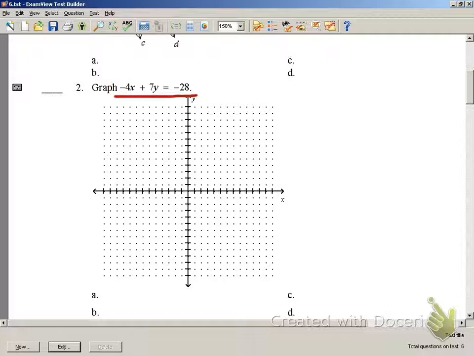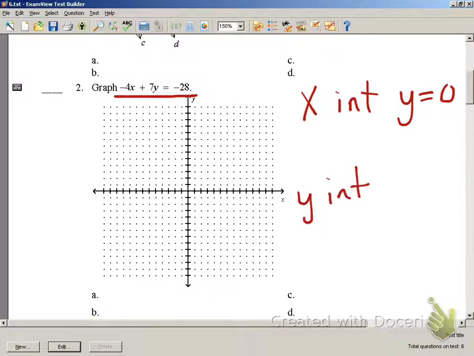If we're looking to graph and it's in standard form, I would always graph by intercepts, meaning if I'm looking for my x-intercept, that means y equals 0. And if I'm looking for my y-intercept, x equals 0. So plug it in. For the x-intercept, y is going to equal 0. That gets rid of that portion of the equation.